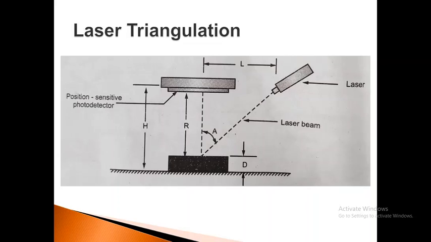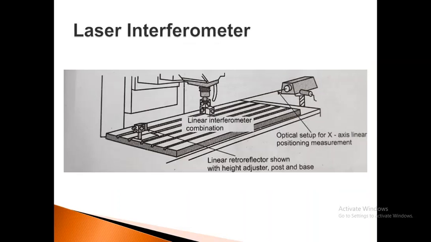Now next we are going to see the laser interferometers. As we know, laser light is monochromatic, coherent, and less divergent. So it is sometimes difficult to extract information from closely spaced laser fringes. Accurate measurement of distances greater than a few meters was very difficult until the development of laser interferometry.